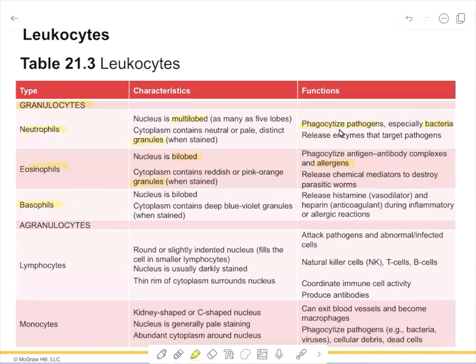And it releases chemical mediators specifically to destroy parasitic worms. For the basophil, the nucleus is also bilobed. It's a little more difficult to actually see the shape of the basophil. And it releases histamine, which is a vasodilator, heparin, and also increases inflammation during allergic attacks.